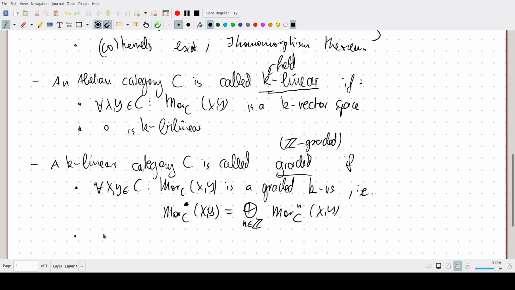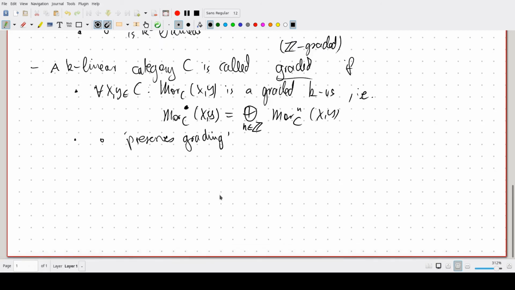Now we also need a condition, of course, on the composition, and we want the composition to preserve the grading. What does that mean?